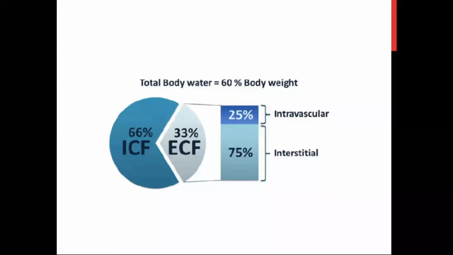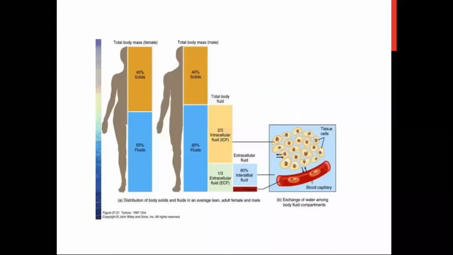And 3/4, 75% of this extracellular fluid is interstitial fluid. تمام؟ This figure shows the fluid divisions in the body and their percentages. لو تلاحظون 2/3 of the total body fluid is intracellular and 1/3 is extracellular.